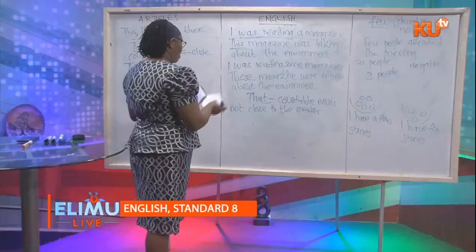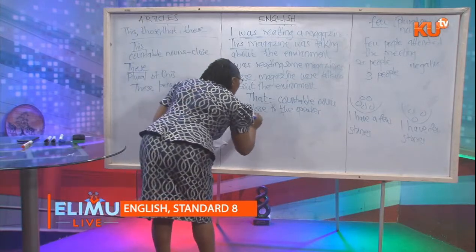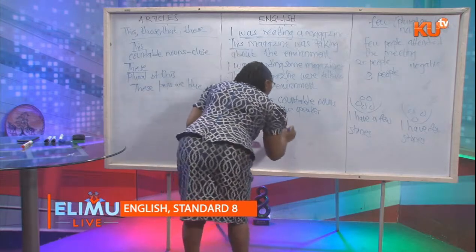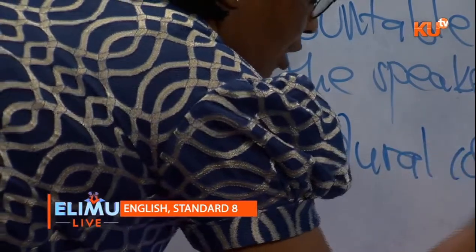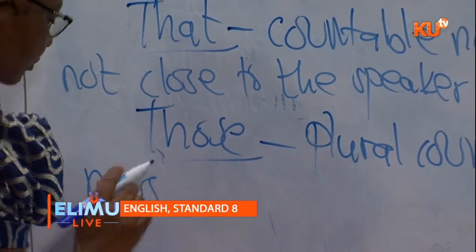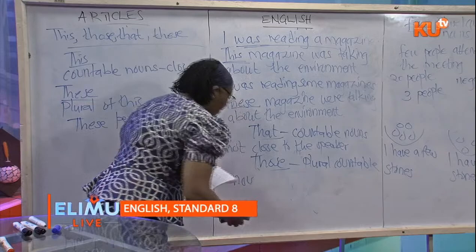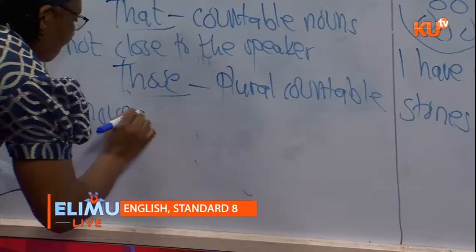Now we move on to the word those. It is used with plural countable nouns referring to things which are not close to the speaker.